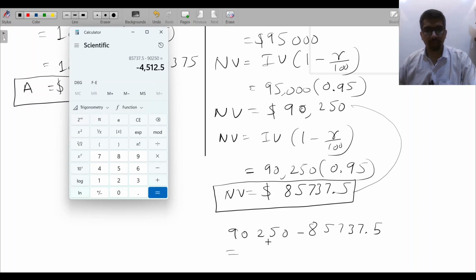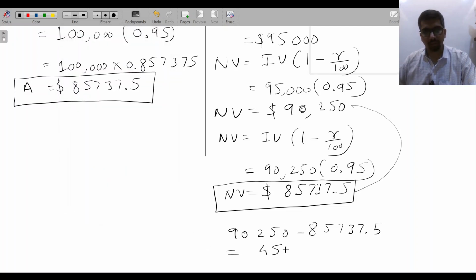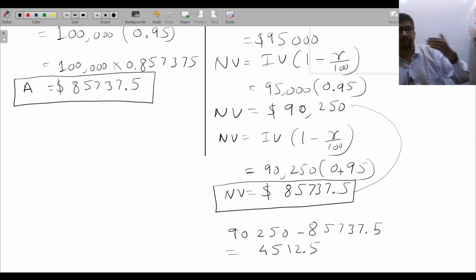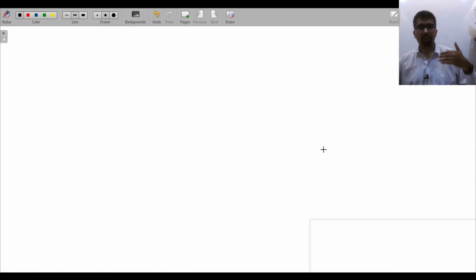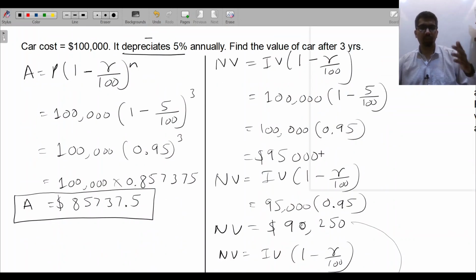So the change in value is 4,512.5. So this is the difference in the value from second year to third year. Same thing you can calculate in the previous part also and find the interest from second year to third year. So this was the second sum of that series.